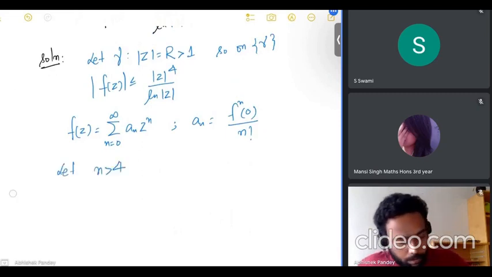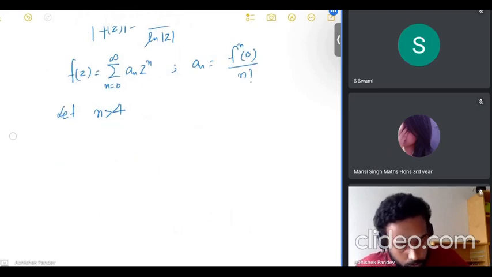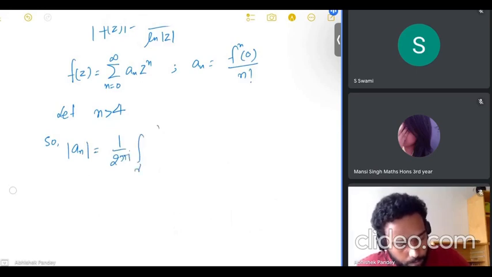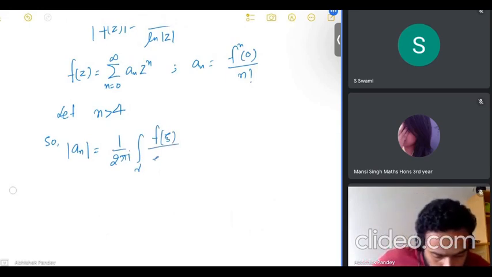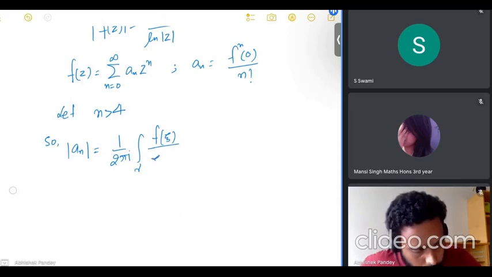Then mod a_n is 1 upon 2 pi i integral over gamma of f(xi) upon xi to the power n plus 1 d xi.